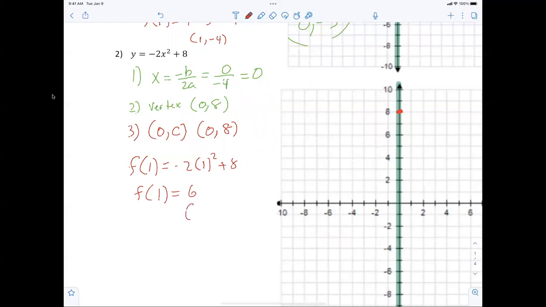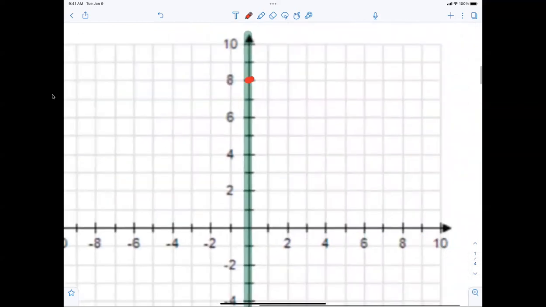So now the point (1, 6) is on the graph. If (1, 6) is on the graph, what other point is on the graph? (-1, 6). And now you know the curve. So go ahead and sketch your curve as best we can.